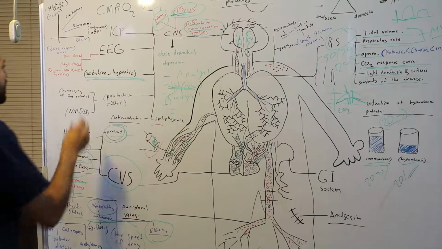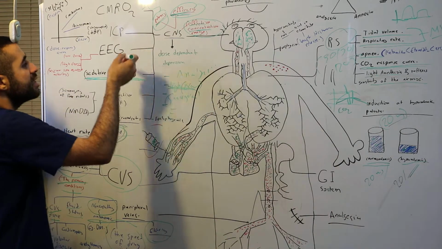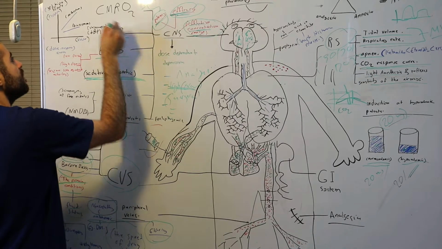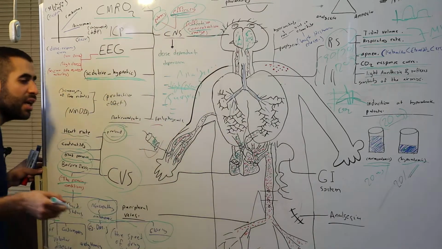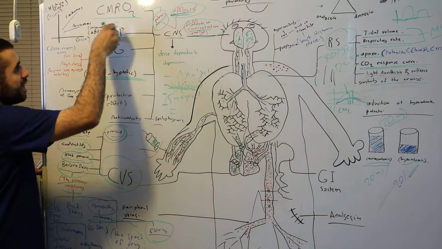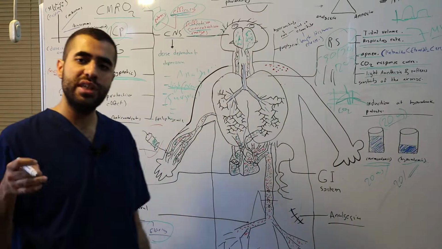Okay, so the sedative hypnotic effect is the first thing we talk about when we talk about the central nervous system effects of IV anesthetics. Then the EEG, the intracranial pressure, and the cerebral metabolic rate of oxygen. Actually, let's move to the cerebral metabolic rate of oxygen and intracranial pressure. These two things are very important when we talk about neurosurgical patients.